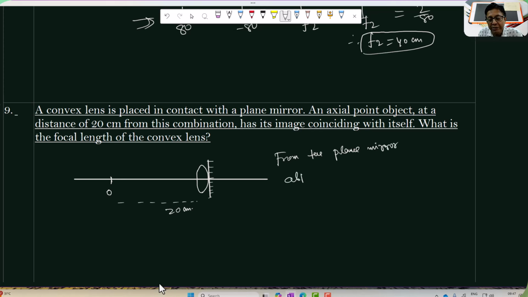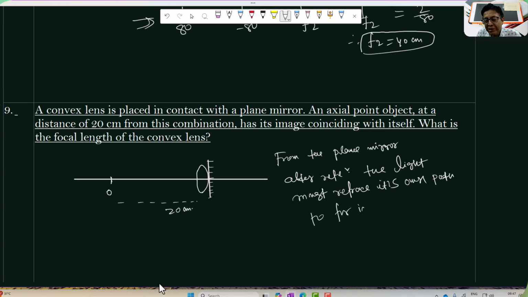After reflection, the light must retrace its own path to form the image at the position of the object.